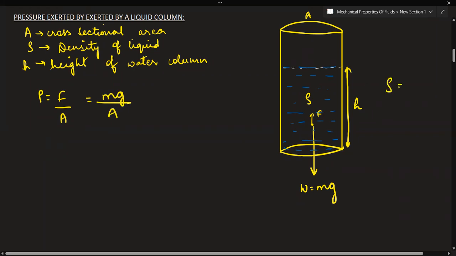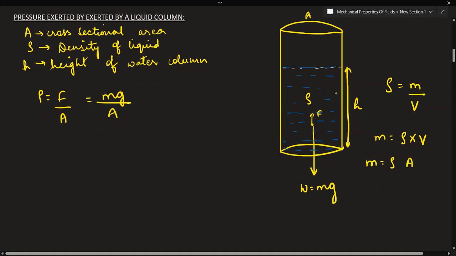Now see, density is equal to mass by volume. So I want to replace this mass. Can I write it as density multiplied by volume? And how do we calculate the volume of any object? We take the area and multiply it with the thickness. So rho will remain as it is, and volume will be equal to area multiplied by thickness. Now what is the thickness of the water column?